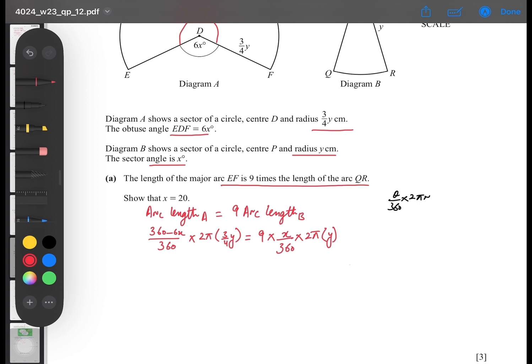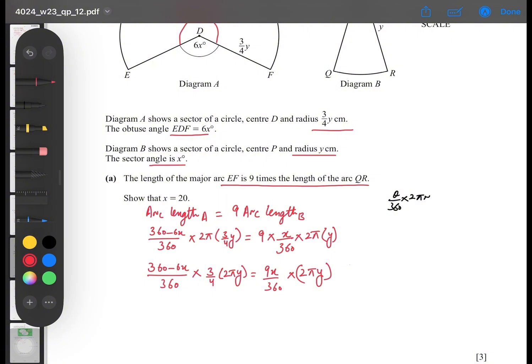So if I simplify it, it will be (360 minus 6x) over 360 multiplied by 3/4 into 2 pi y is equal to 9x over 360 multiplied by 2 pi y.